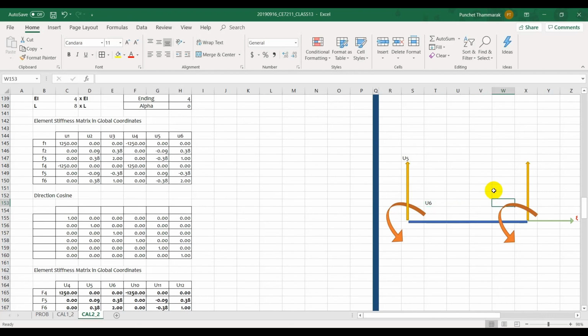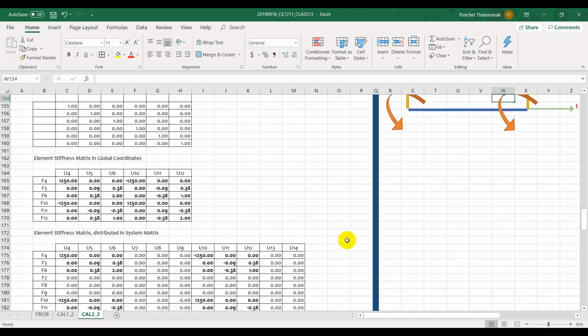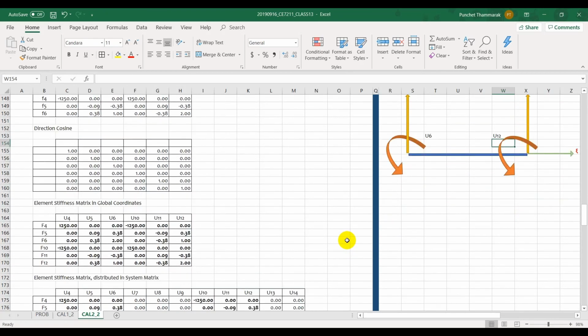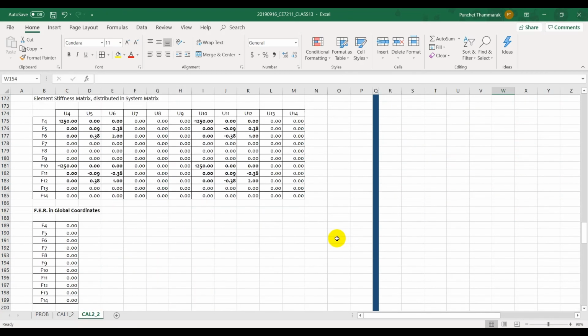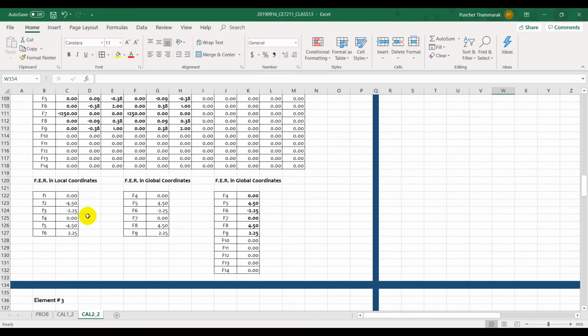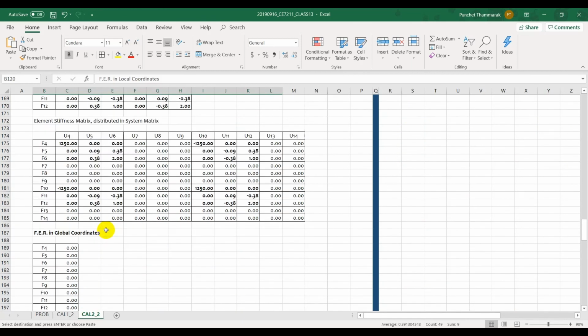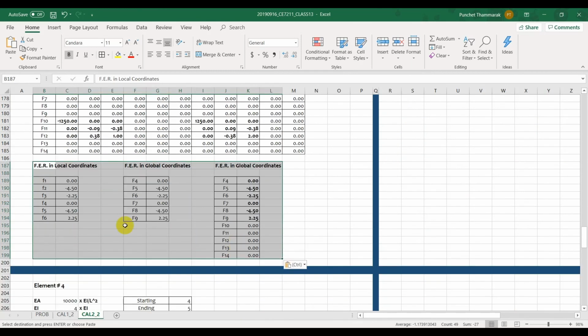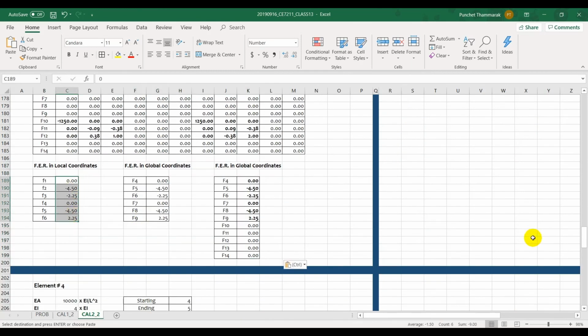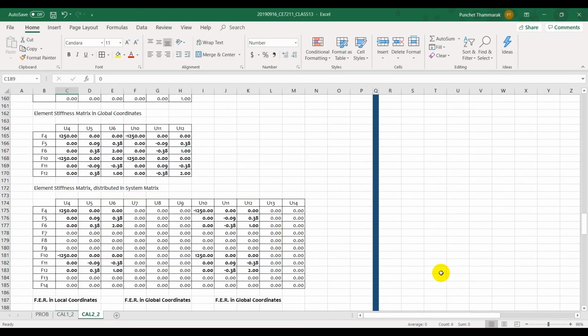U6, U11, and U12. And then I copy this and drop it here. I zero everything up first. Good.